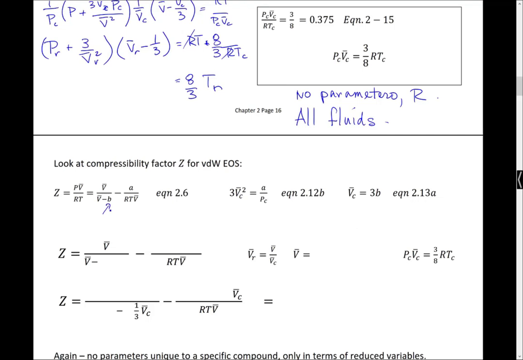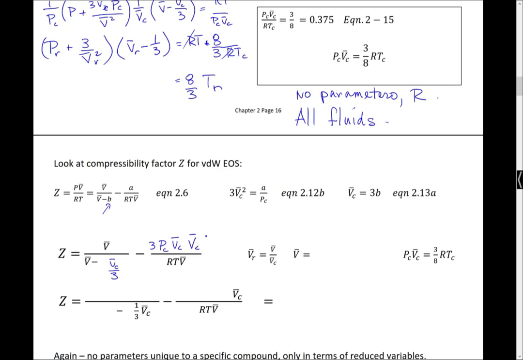Okay, so B we know is the same as the molar volume at the critical point divided by 3, right? And then A, which we derived from this, is going to be given by 3 times the pressure at the critical point times the squared molar volume at the critical point. I'm going to choose to write this separately, all right?